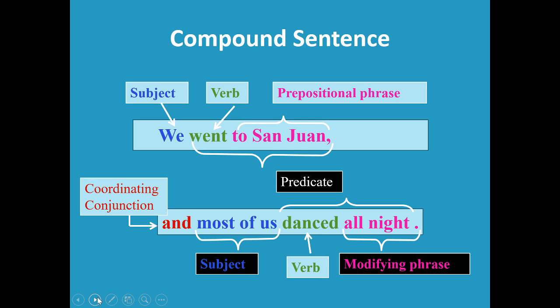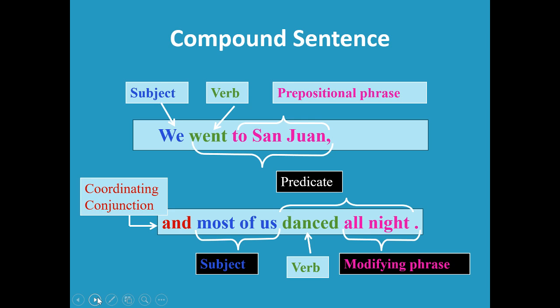Here you can see, we went to San Juan. Up to there, that is one independent clause. When we say we went to San Juan, we understand, we get a full meaning. When we stop up to there, we understand what it is saying. There it is subject, verb, and the prepositional phrase.